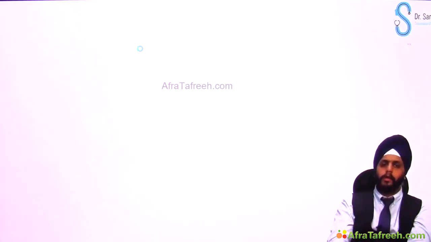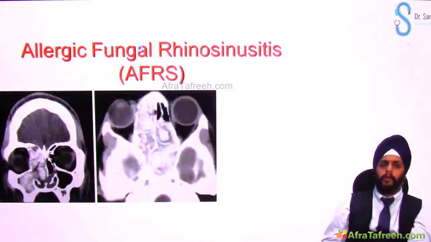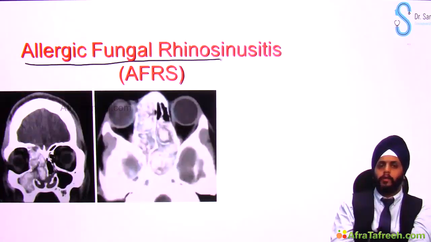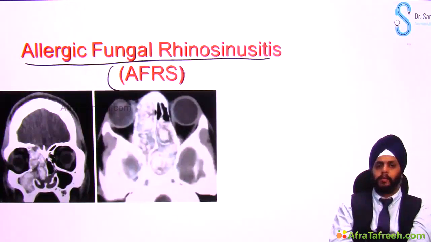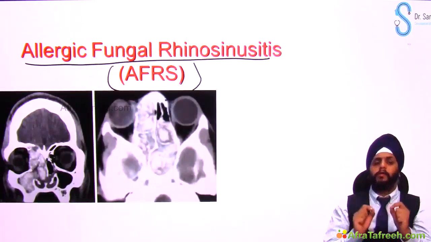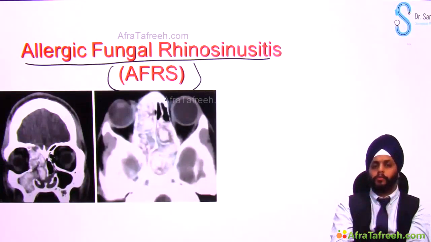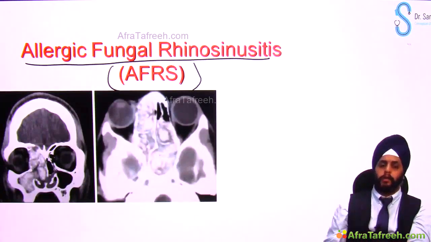Now, let's say the patient has an allergic reaction. Allergic fungal rhinosinusitis, AFRS. Now the patient has an allergic response, a type 1 hypersensitivity response to this fungus. That is known as allergic fungal rhinosinusitis.